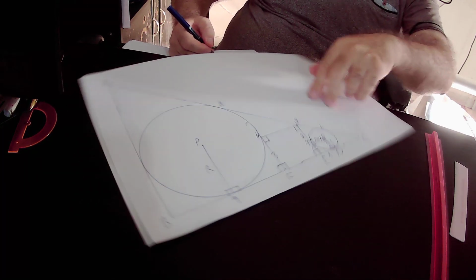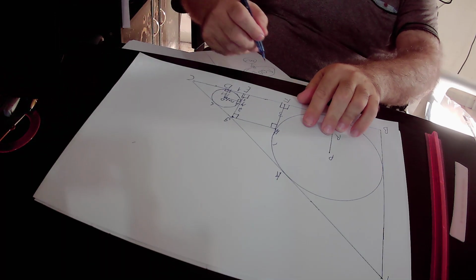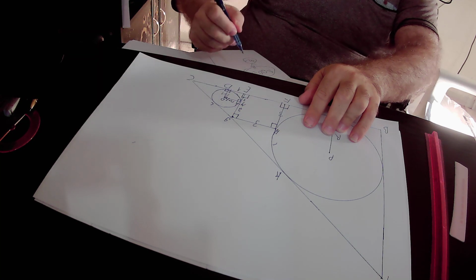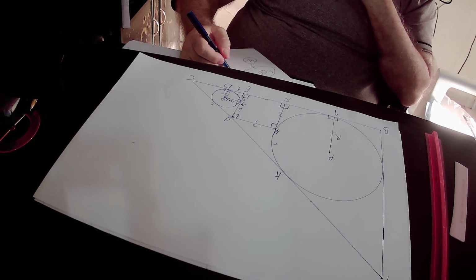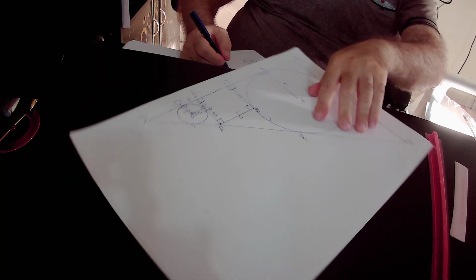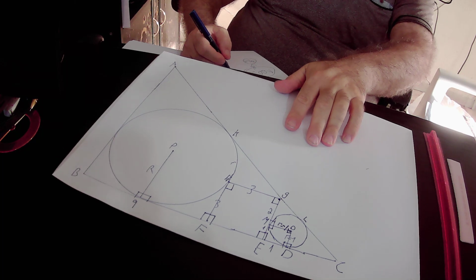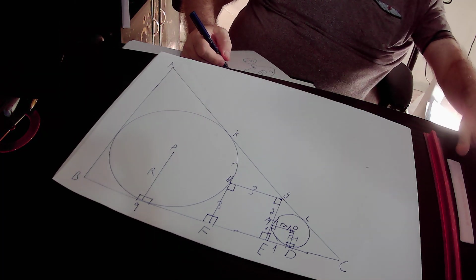Okay, so here HG equals 3 units, and here we have also rule number 2.